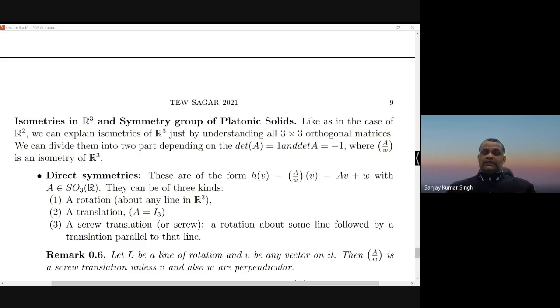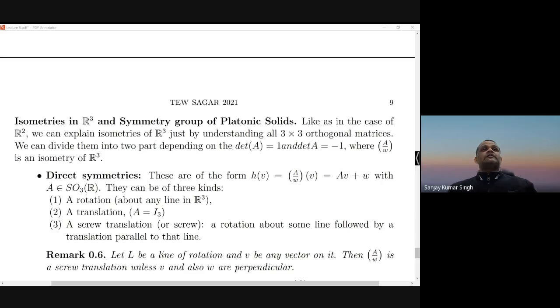Such types of questions always exist. Even you can ask, now we have done polygons, now we have done a polyhedron in R3, what about the polyhedron in Rn? And how many regular convex polyhedra will we get in Rn? This question you can ask.